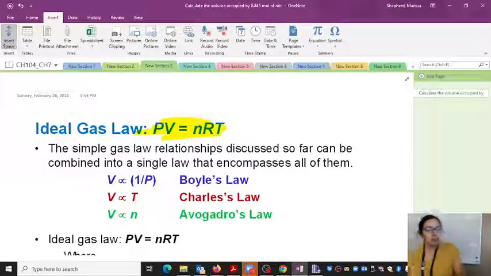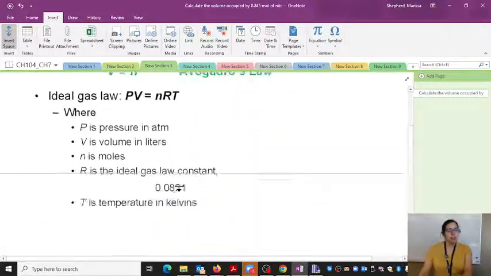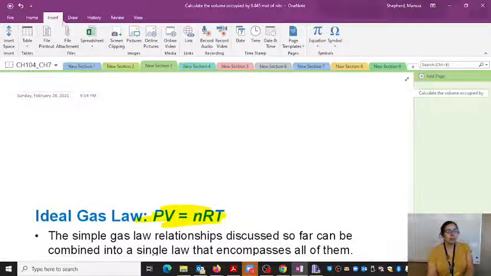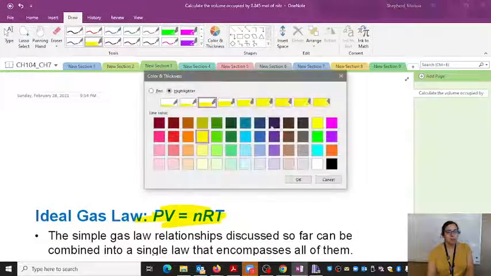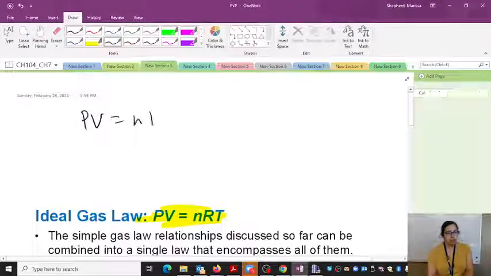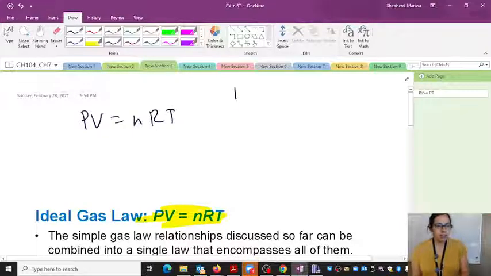So let's do a little derivation. And so we are given this overall expression. So again, PV equals nRT. And so let's define everything. So our pressure is going to be in ATM.